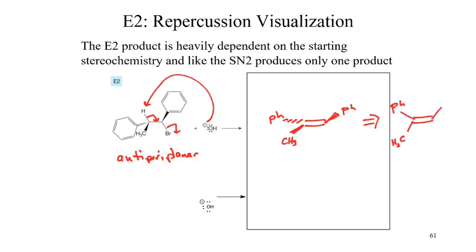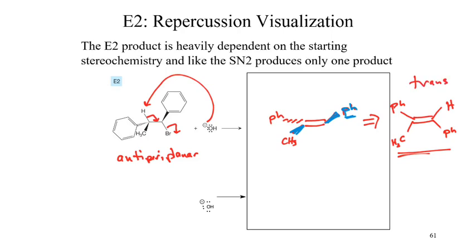Now the other question: where does the remaining phenyl go? Because it sure looks like it's aimed upwards. Remember, it's not aimed upwards, it's aimed at you, the same direction as the methyl, which means if the methyl is being shown to the bottom, the phenyl needs to be shown to the bottom as well, and we would end with that product. Hopefully that makes sense. This would get us the trans alignment.